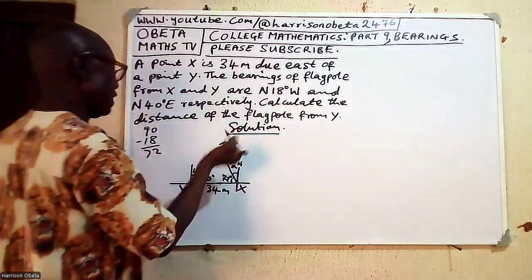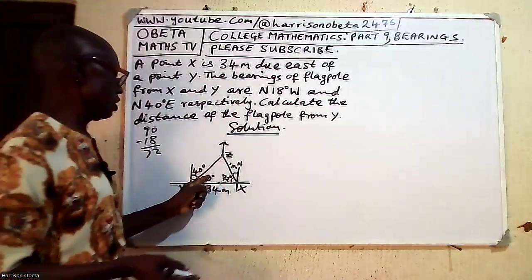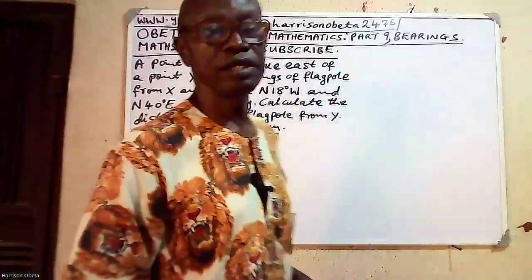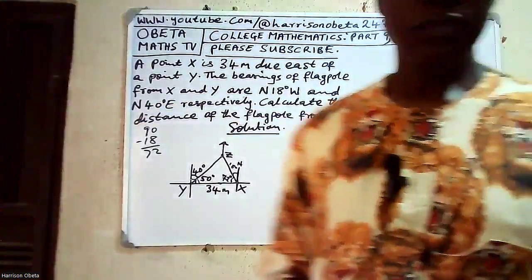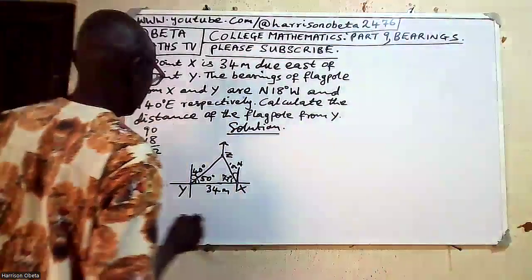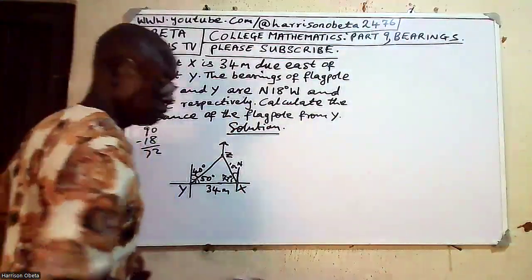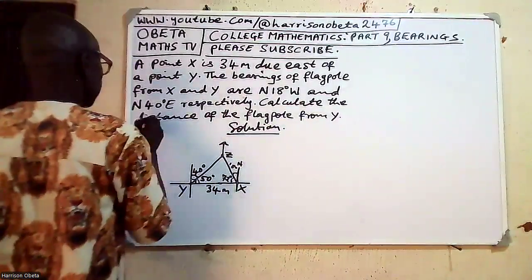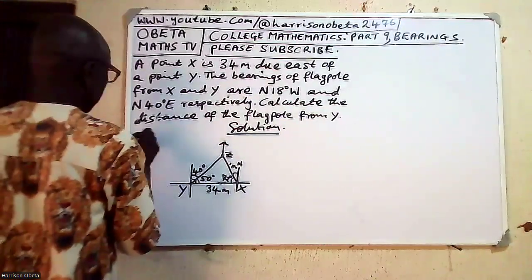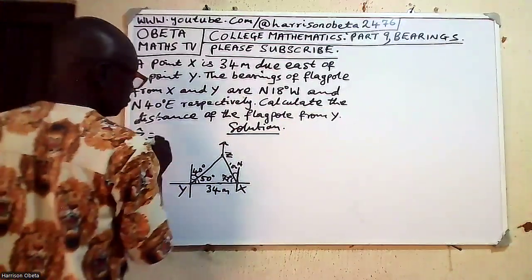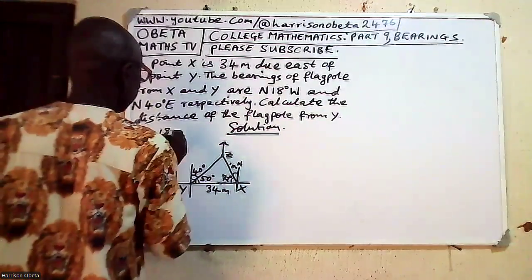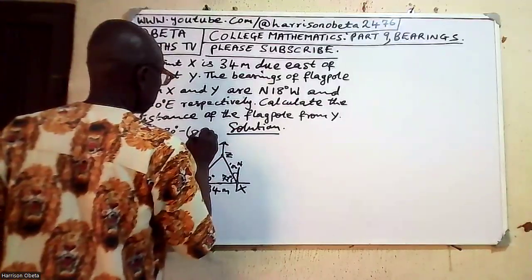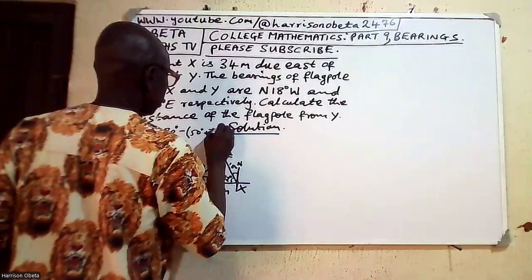And then finally, for us to find the angle Z, we know that this plus this plus this will give us 180. That is the sum of angles in a triangle. So angle Z should be 180 minus 50 degrees plus 72 degrees.